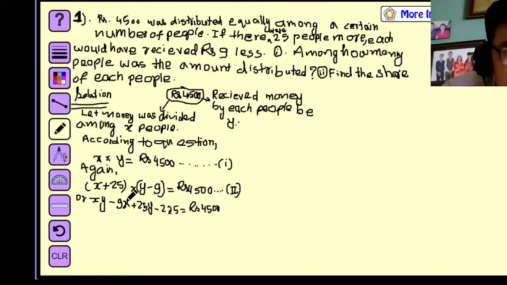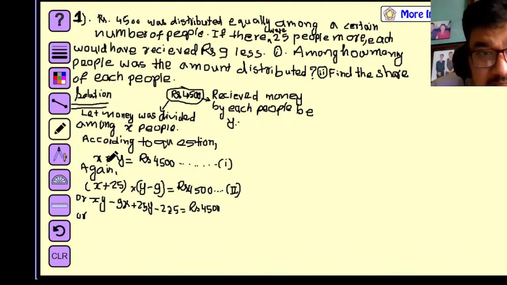Now let's move forward. As we know, x into y means xy, and the value of xy is 4,500. That's why in place of xy we can write 4,500 from equation 1.